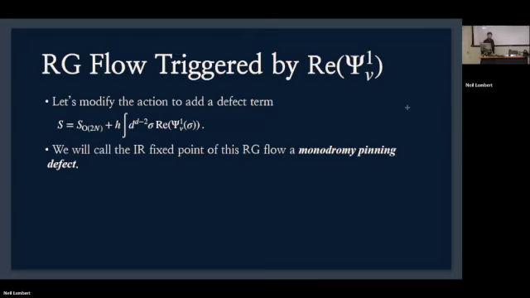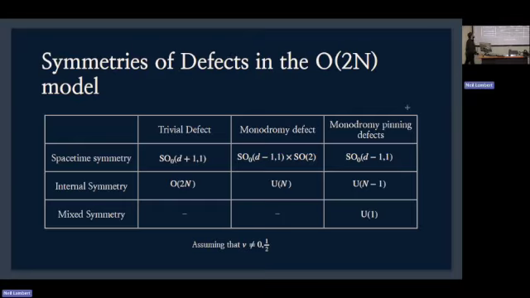So think about the symmetries of this. If we start with no defect, obviously we've got conformal symmetry and we've got an O(2N) internal symmetry. If we insert a monodromy defect, then we break this to the normal defect conformal group of transformations along the defect and rotations around it. We can no longer treat it as real scalars, because to pick up our phases, we have to work in terms of complex scalars. So our symmetry group gets broken to U(N).